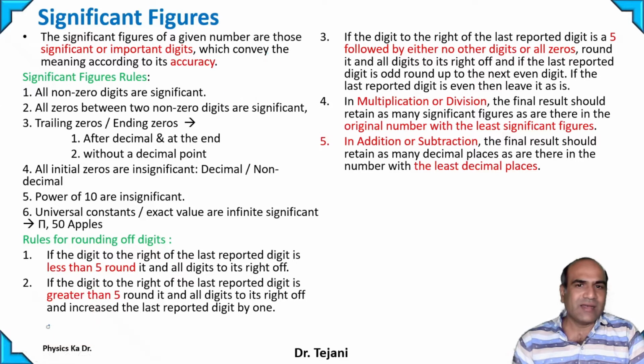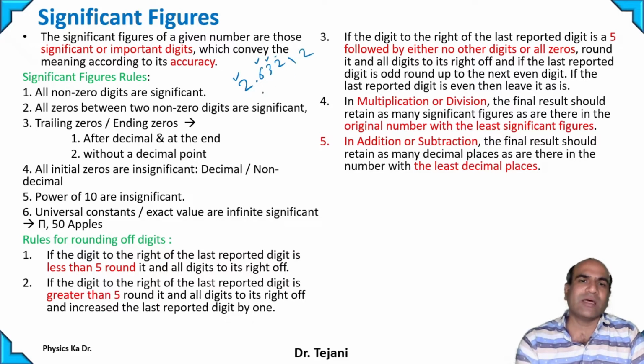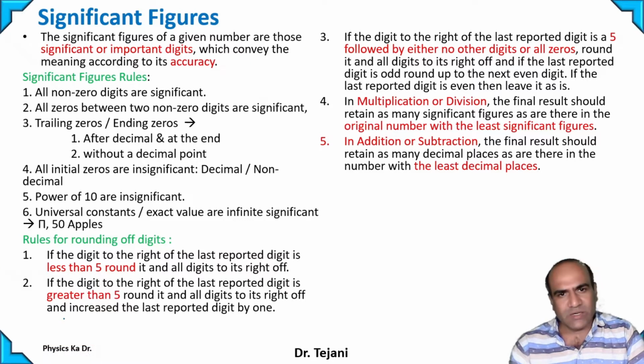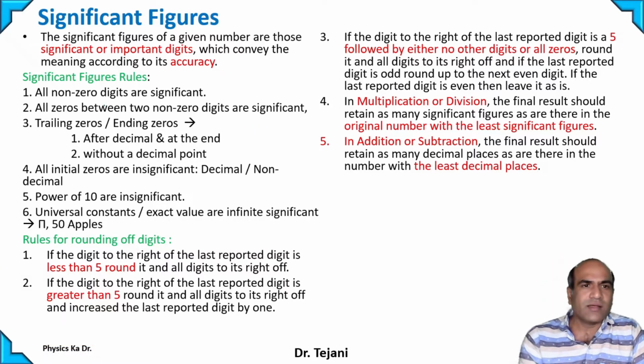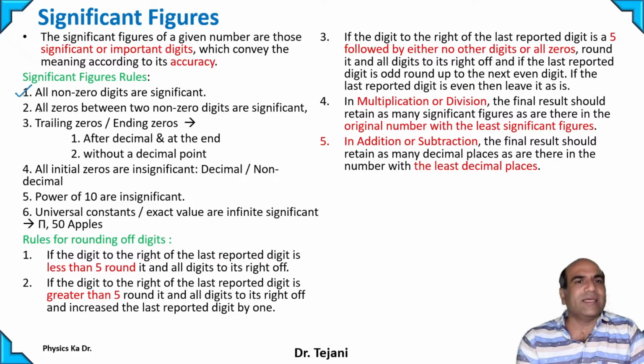Let's have another example. 2.63212. 2 non-zero, 6 non-zero, 3, 2, all are non-zero, so it becomes 6. All are significant. That means if there is no zero, all are significant. That we know, right?